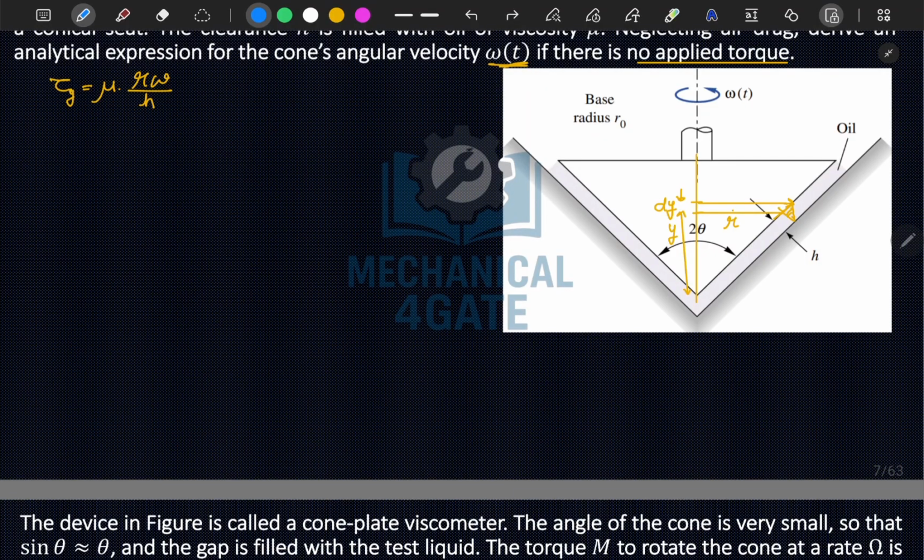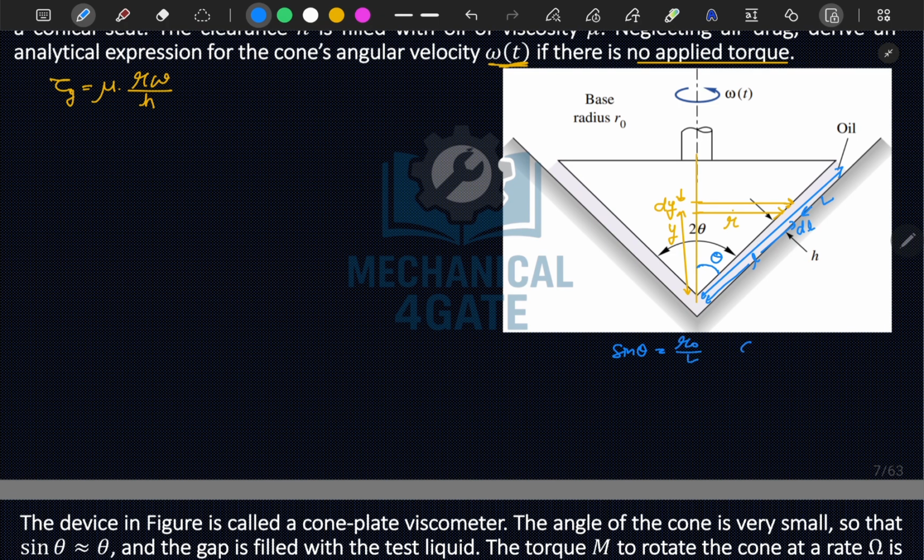So from similar angle, let's say that this angle is theta. Let me mention one more thing: let's say this total length is capital L, this small length is small l, and this increment is dl. So sin theta is equal to perpendicular upon hypotenuse, so I can write it as r naught by l.